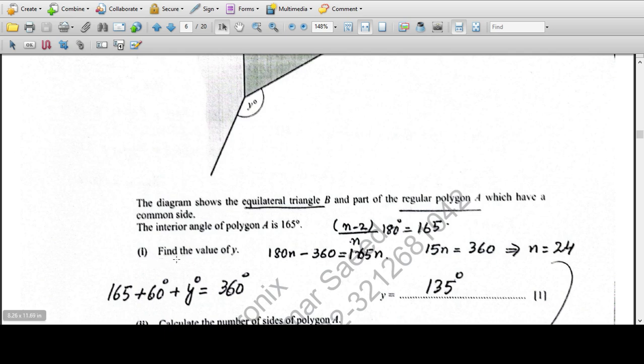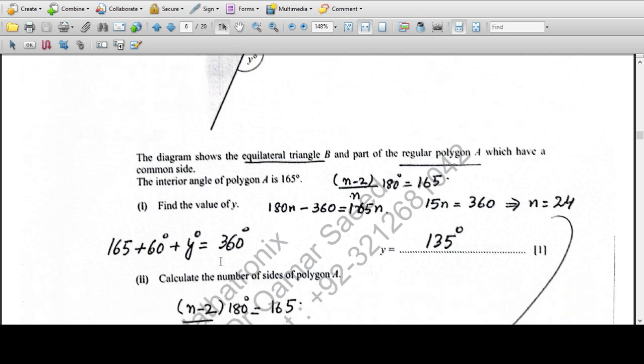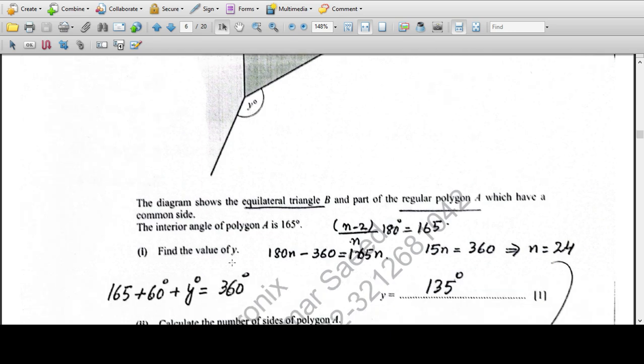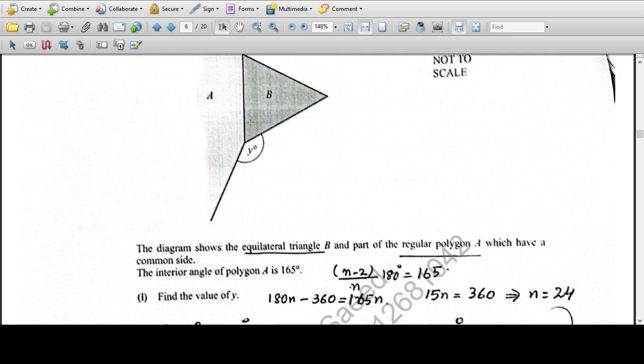So find the value of y. So this angle is 165 degrees plus this y degrees, and this is 60 degrees because this is an equilateral triangle, so this angle is 60 degrees plus 165 degrees plus y is equal to 360 degrees. So this relation, because it's a complete circle, so this 165 is given.